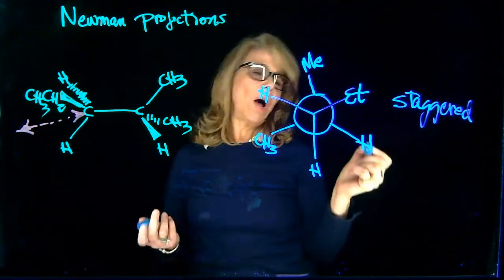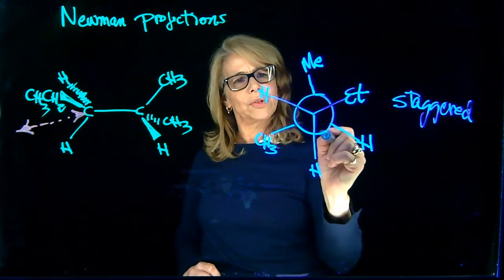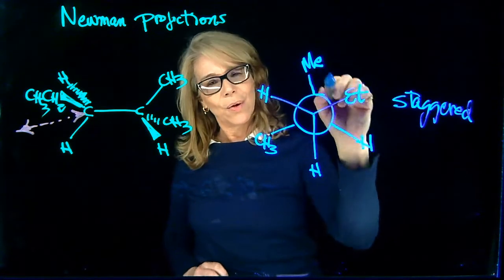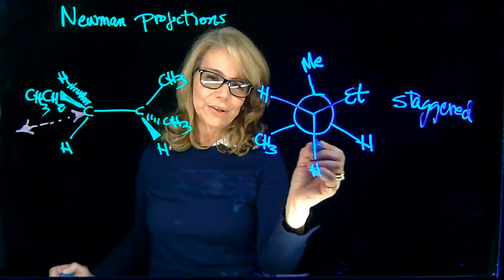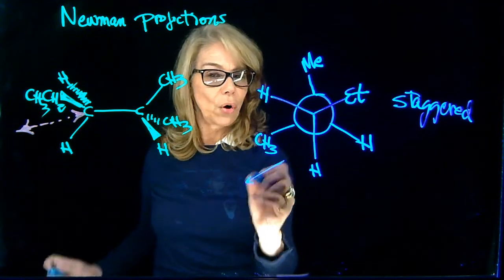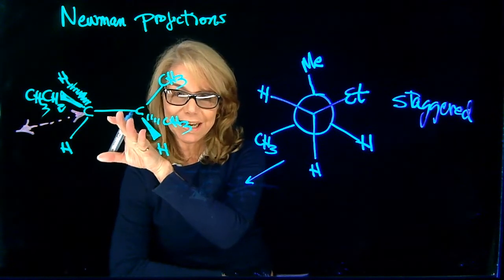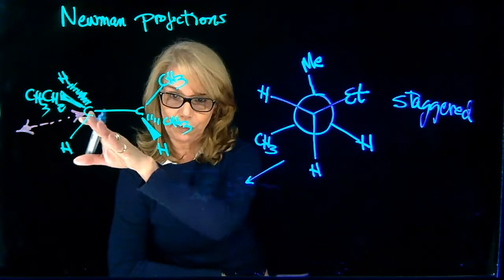And so, what else can we say? This conformation may not be the lowest energy conformation because we have methyl and ethyl close together, which adds to the torsional energy. And so I am going to draw another conformation, even though the problem initially said to make a drawing of the Newman projection from that view.